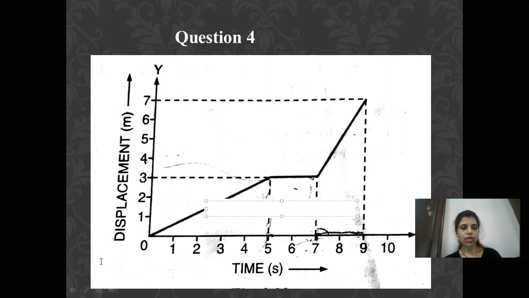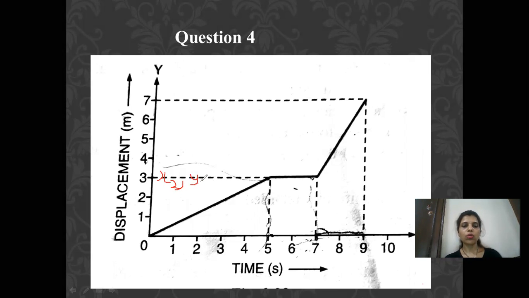So I'll be writing over here. This is the point x2 and y2. So I'm just writing x2 and comma y2.